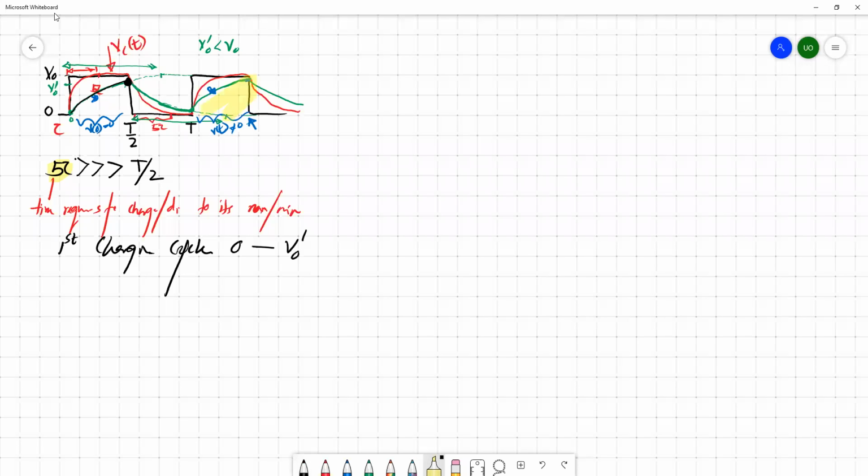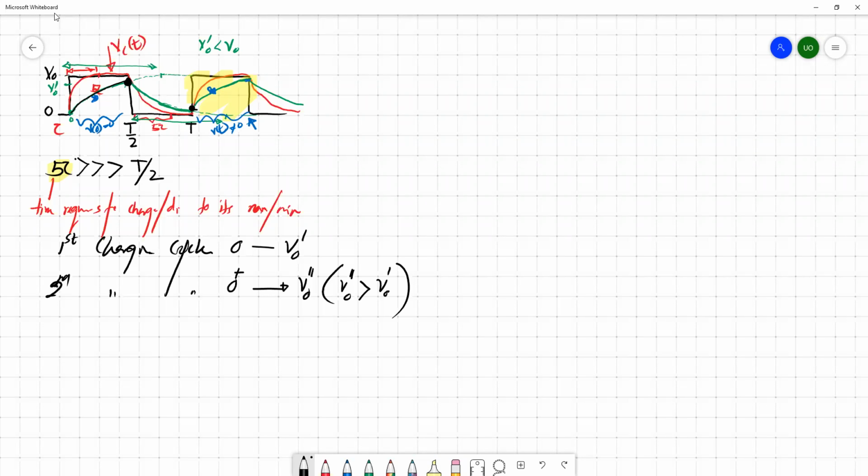During the second charging cycle, the voltage starts slightly above 0. I'll put 0 first for convenience, and it moves to V naught double dash. So V naught double dash is actually slightly above V naught dash.